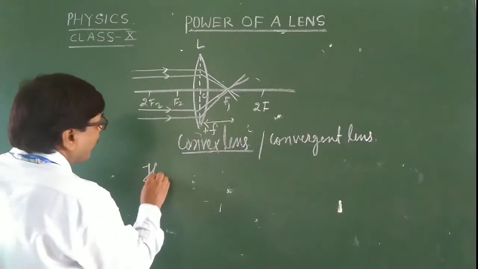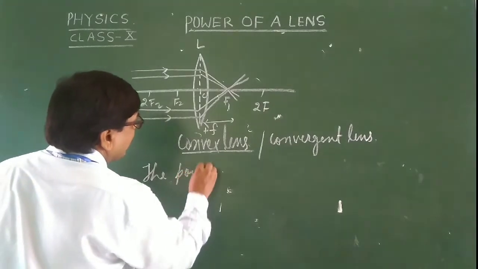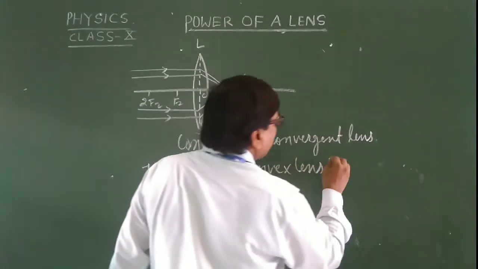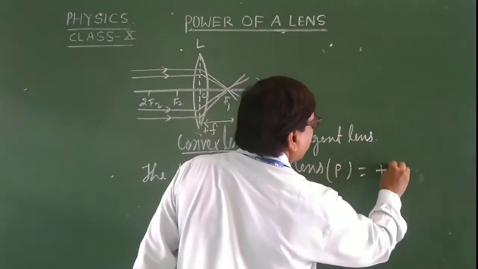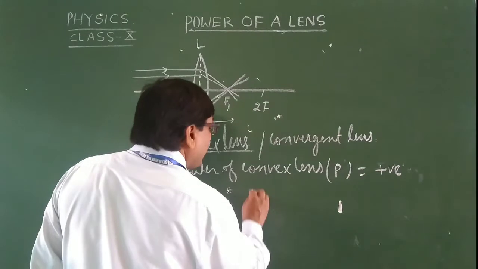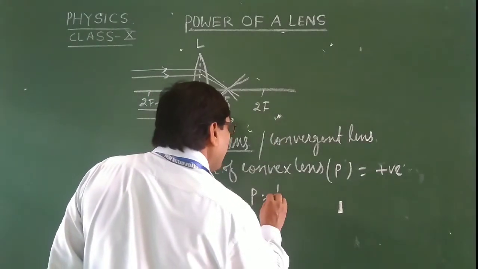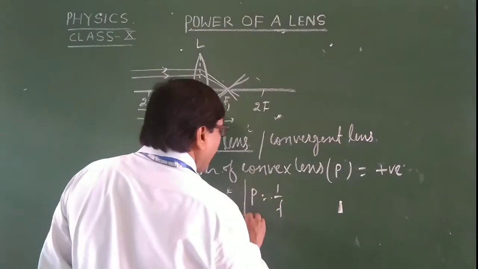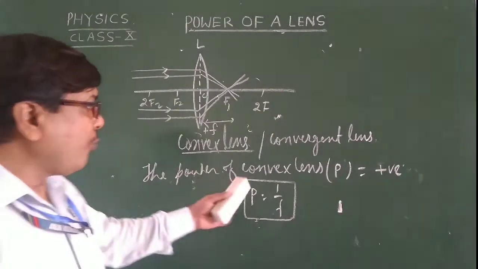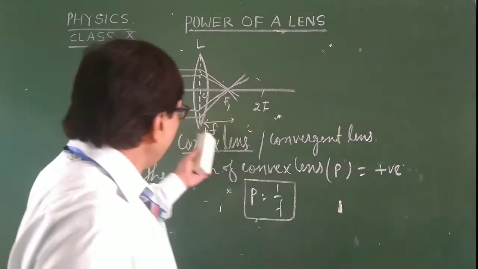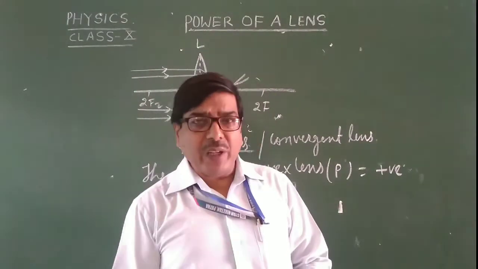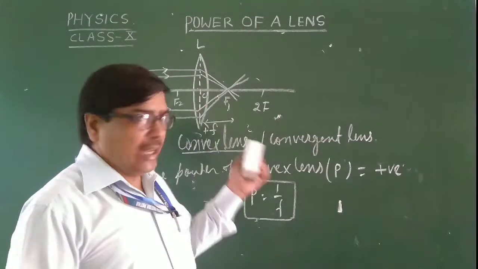So the power of convex lens is positive, and already the plus sign is given, it is already in positive form. So if the power of a lens is given as positive, it means it is a convex lens.